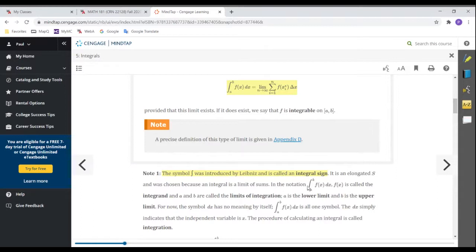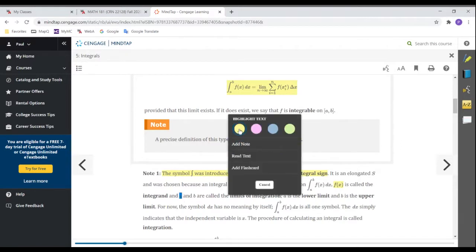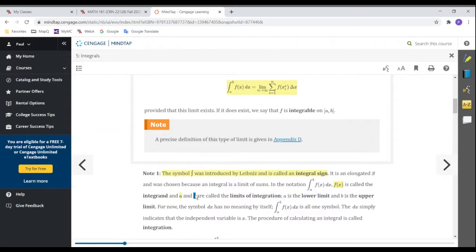In the integral, the function f of x is called the integrand. And a and b are called your limits of integration.